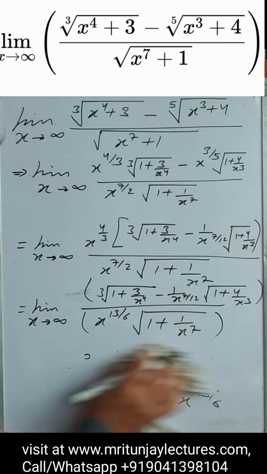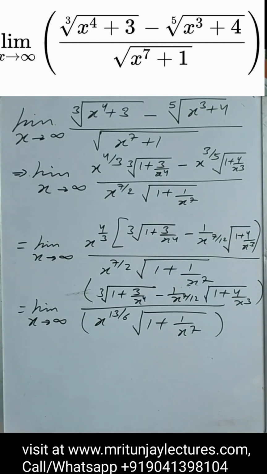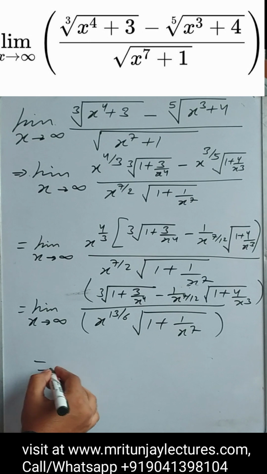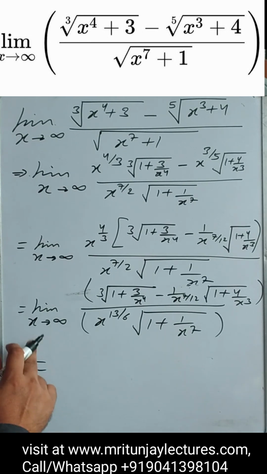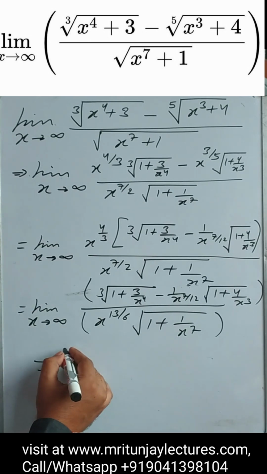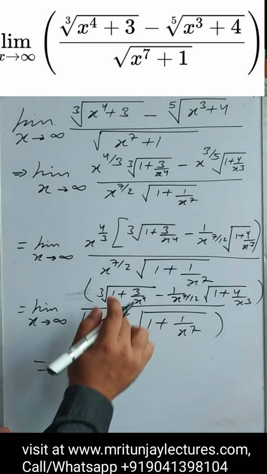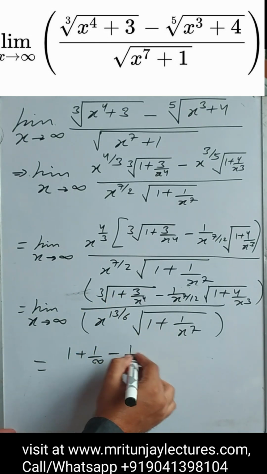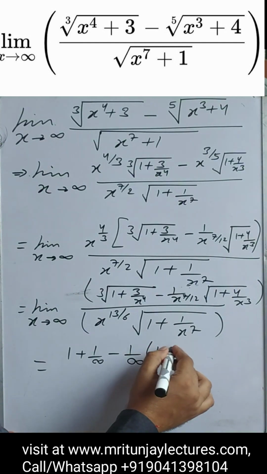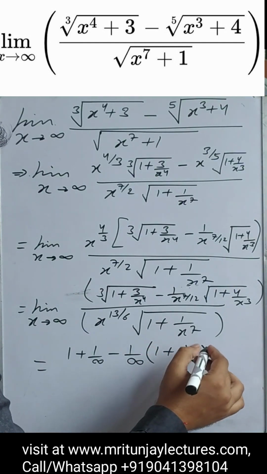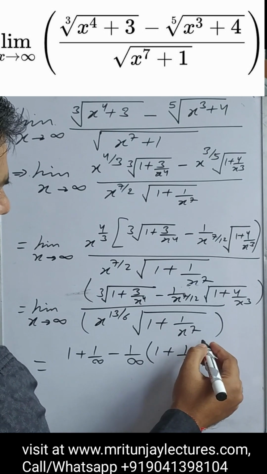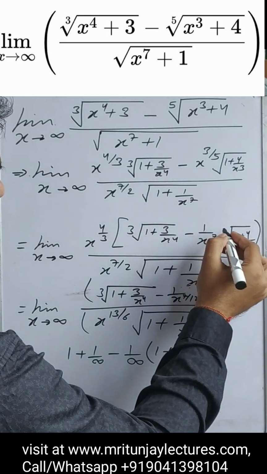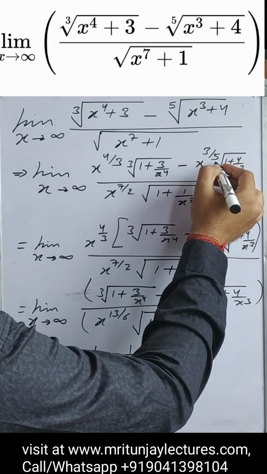Now put x equal to infinity. Then if x tends to infinity, we get 1 plus 1 by infinity, and that is 1 by infinity, and whatever 1 plus 1 by infinity to whole power, that is 1.